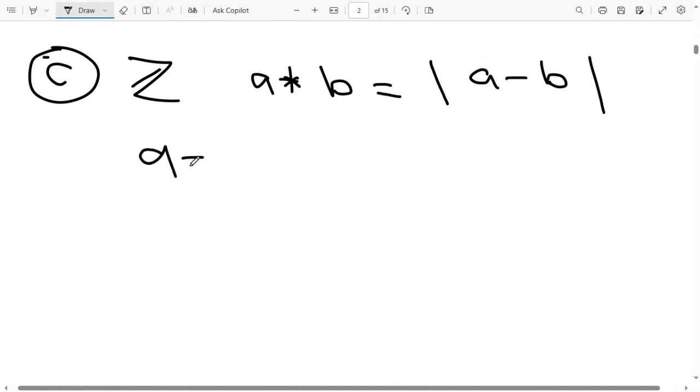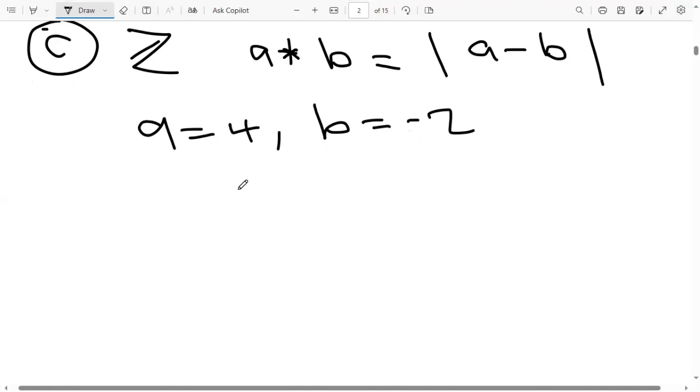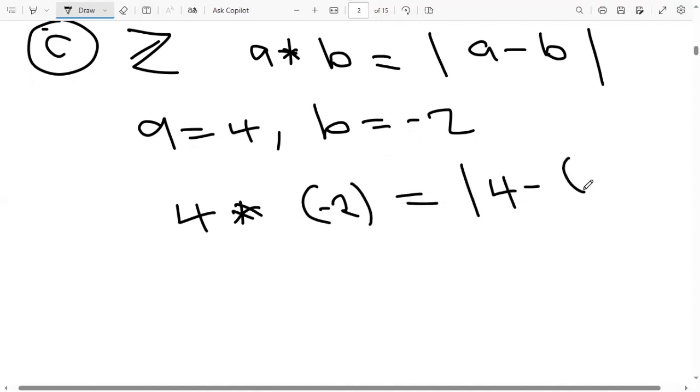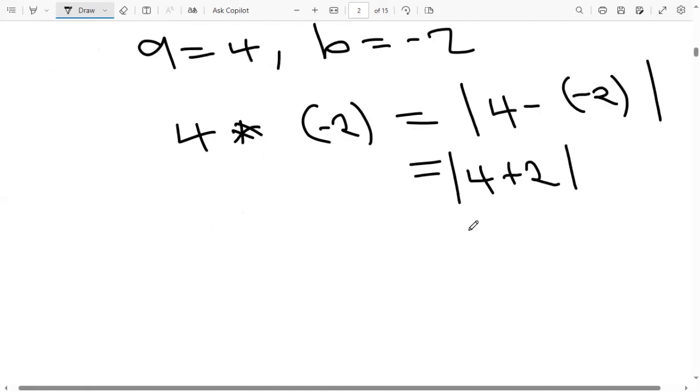So we can say let my A be 4. You can pick any integers of your choice. And then let my B be -2, and let's apply that binary operation. So 4 star -2 gives me the modulus of 4 minus, what is my B? -2. Negative multiplied by negative will be +2, so this will be 6.